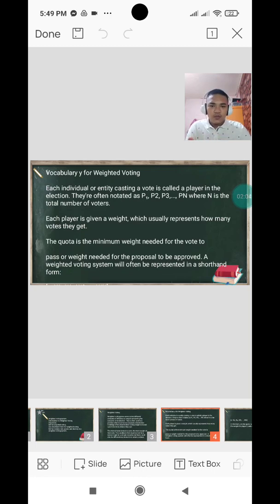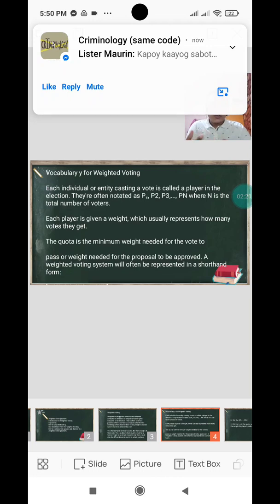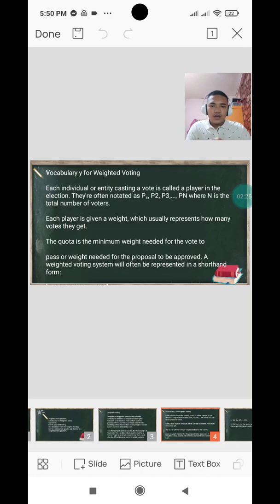So we have player 1, player 2, player 3, up to Pn, where N is the total number of voters. Each player is given a weight, which usually represents how many votes they get. The quota is the minimum weight needed for the vote to pass, or the weight needed for the proposal to be approved.